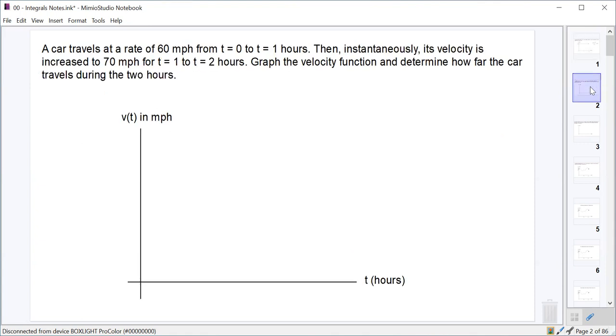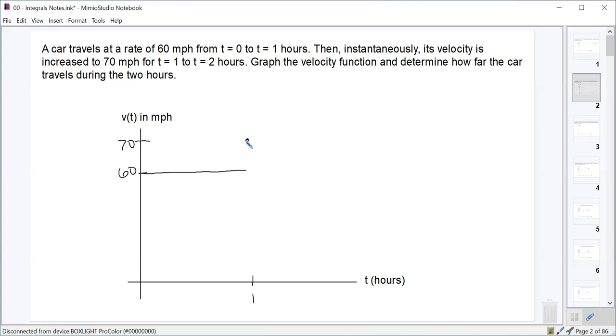Now I'm driving along, and this time I'm driving along in my very magic car. I'm traveling at exactly 60 miles an hour for an hour. And then at t equals 1, somehow I snap my fingers and my magic car jumps up and starts going exactly 70 miles an hour.